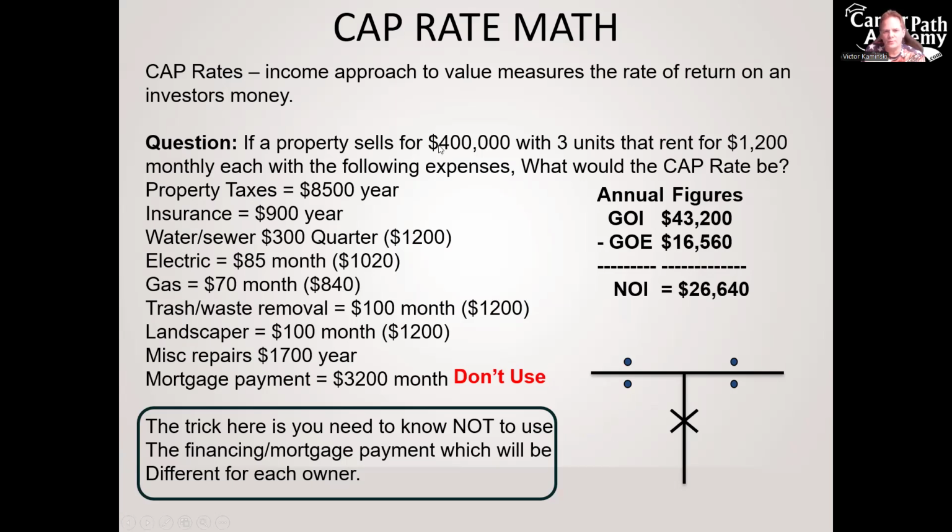And now you can put the 400,000 down here, and the net goes up top. Then you divide to figure out the cap rate. So what is the cap rate you got on this property? 26,640 divided by 400,000, and you get what? 0.06. So, yeah, 6.6.